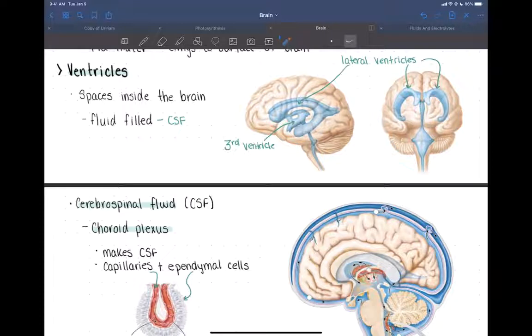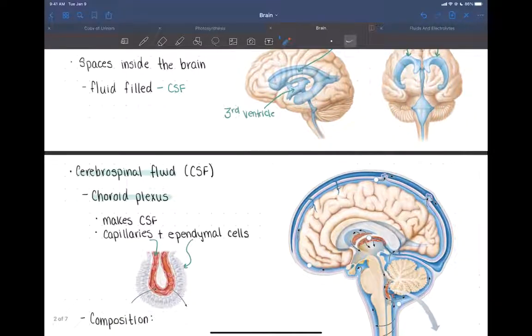And then that CSF is going to travel down through this little canal. It's called an aqueduct, the cerebral aqueduct. And then it is going to reach the fourth ventricle here. The fourth ventricle looks kind of flat when you look at it from the side like this, but if you look at it from the front, it kind of fans out a little.